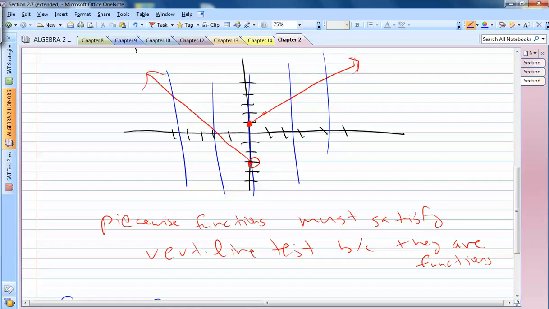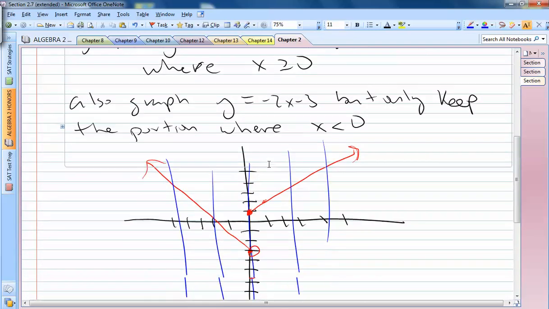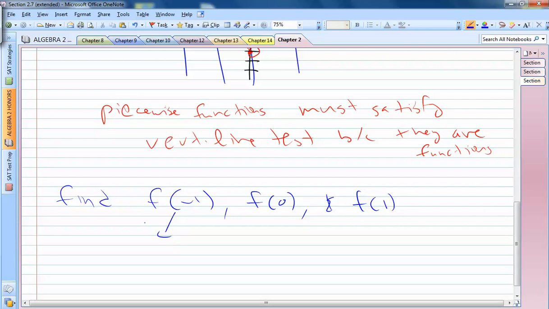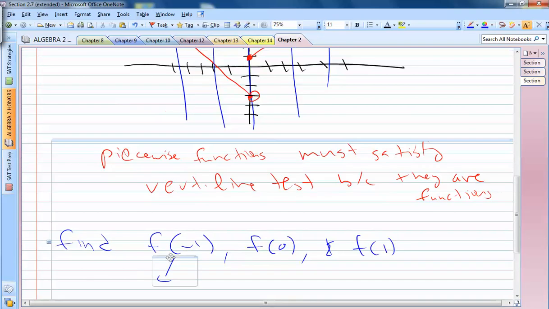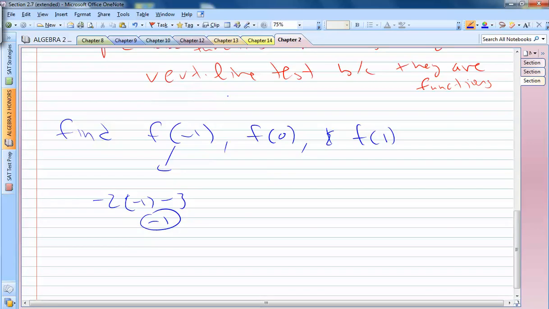If we want to find f of -1, remember, since x is -1, we're going to have to use that second function there. So we do -2 times -1 minus 3, which will be -1. And that makes sense because here at x equals -1, y was -1.